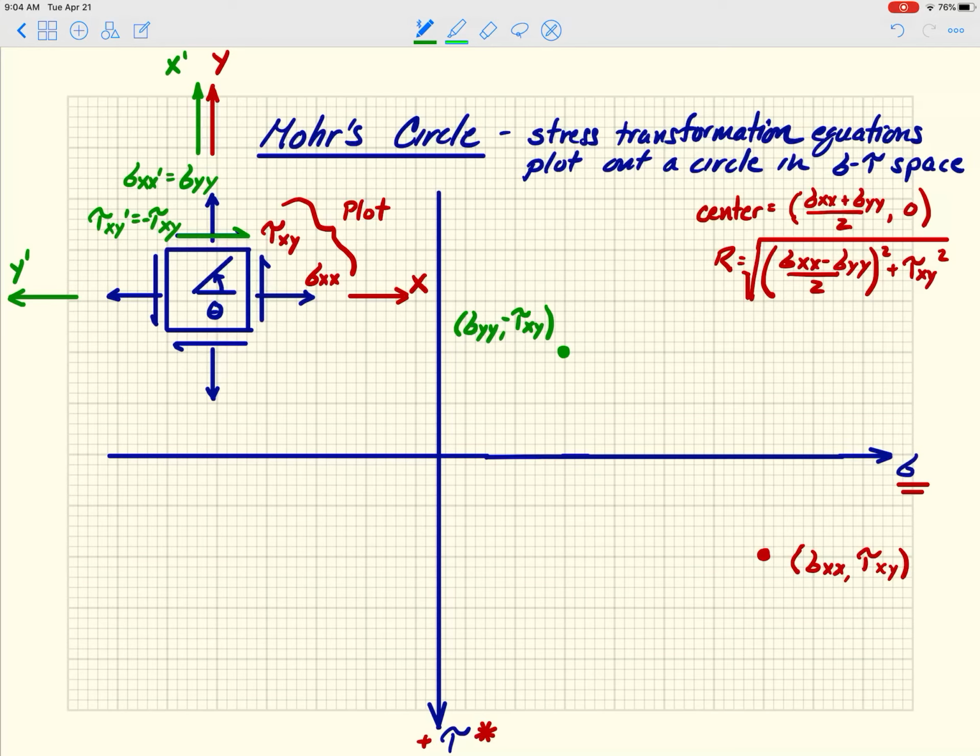And the reason it's a minus tau xy is because I've rotated my coordinate system, and the shear stress that used to be positive on the y face is now negative on the x prime face.